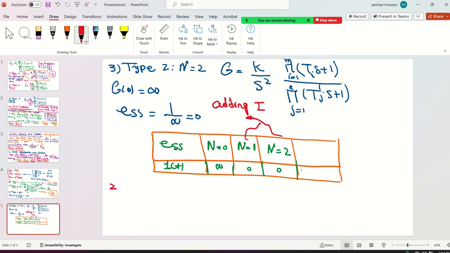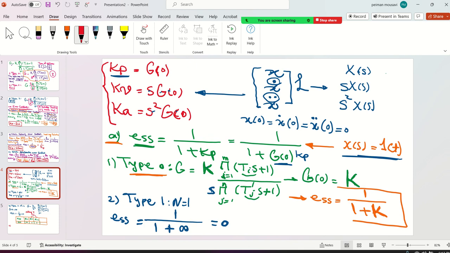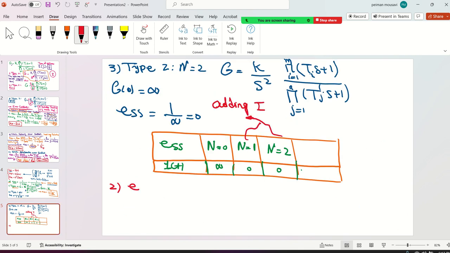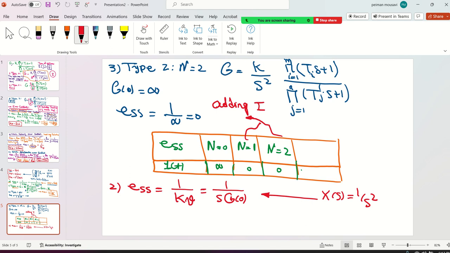Now let's go to case 2. In case 2, ESS was 1 over Kv. Remember, Kv was S G of 0, and our input to the system was a ramp. Let's now analyze again.